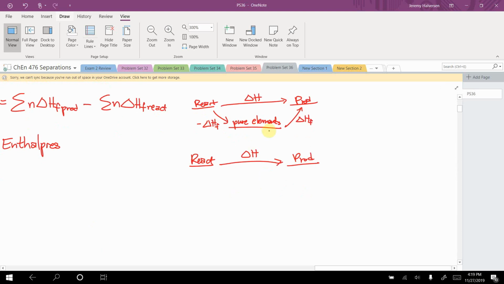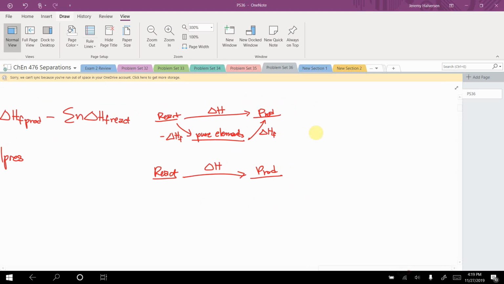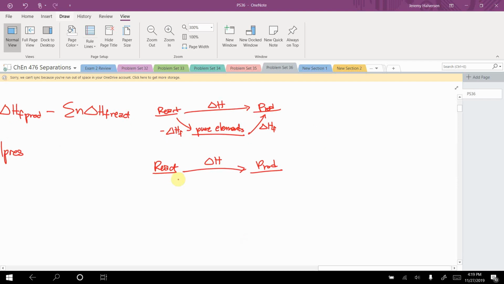And instead of splitting them into pure elements, so pure elements could be like O2, that's a pure element in its standard state, I'm going to break them into individual atoms and recombine those atoms into products. Essentially, I'm going to break every single bond in my reactant compounds so that I'm just left with individual atoms, and then I'm going to reform every single bond in my products.